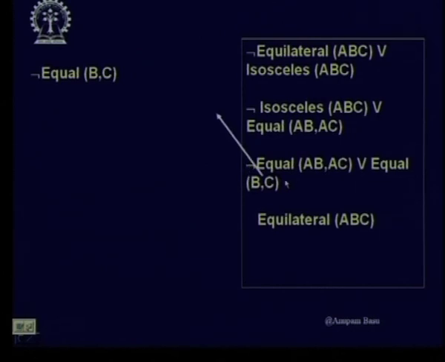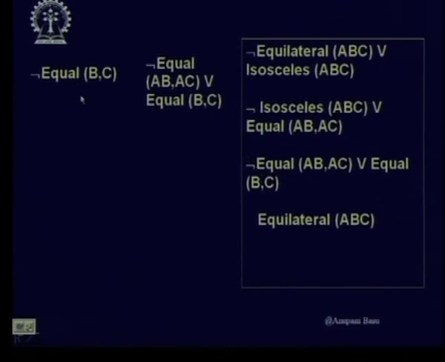So, I select this clause, not equal ABAC or equal BC. Now, this part and this part will resolve out together and we get not equal ABAC. So, this is the first level resolvent.